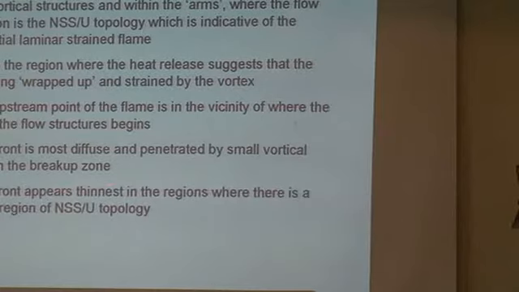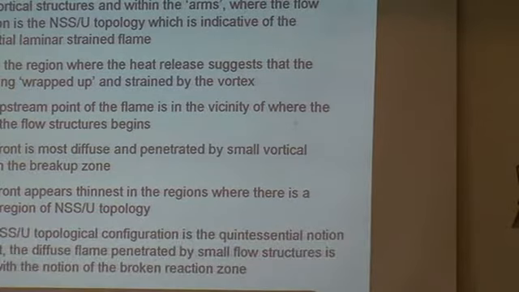So the flame front appears thinnest in the region where there is a contiguous region, so the green part. While this configuration is the quintessential notion of flameless, the diffuse flame penetrated by small flow structures is consistent with the notion of the broken reaction zone.